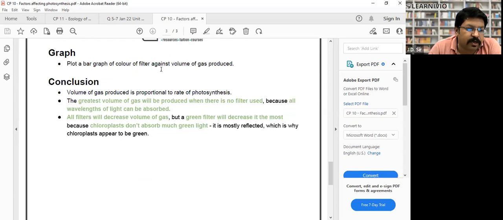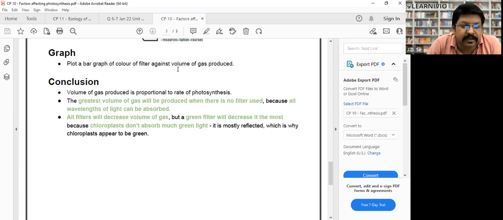Plot a graph of the color of filter against the volume of the gas production. Okay, so we have to plot a graph, a bar graph. Sir, what will the graph look like? Where should I write volume of gas, on the y-axis or the x-axis? If the rate of photosynthesis is more, then the oxygen production will be more, right?